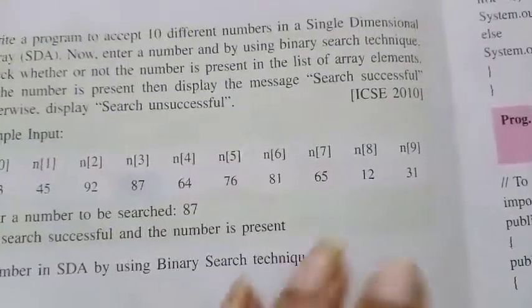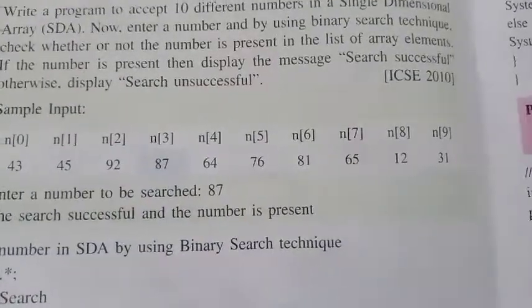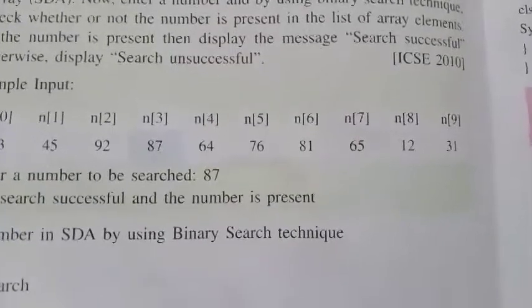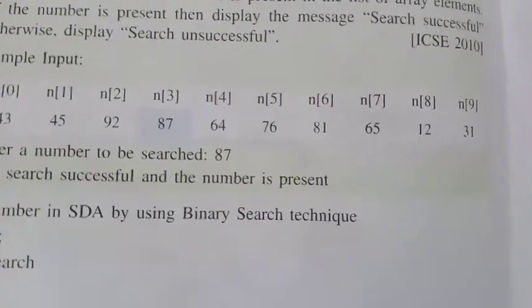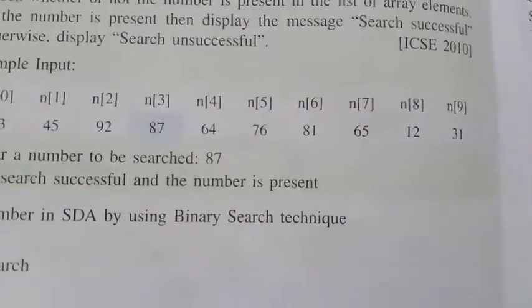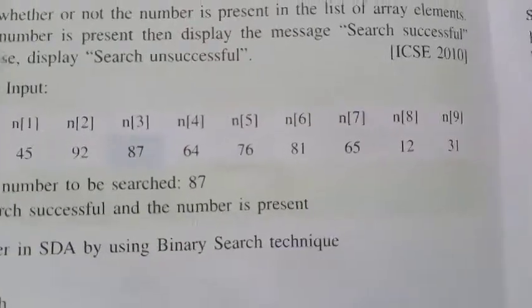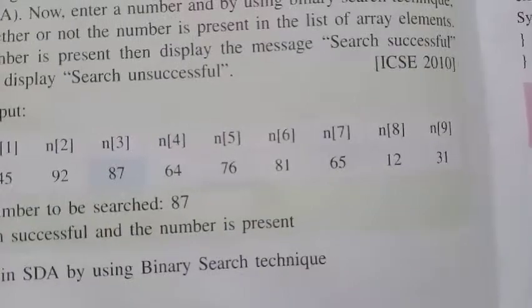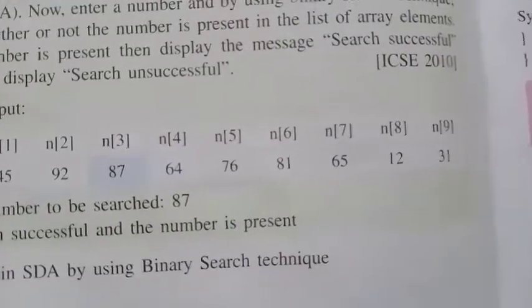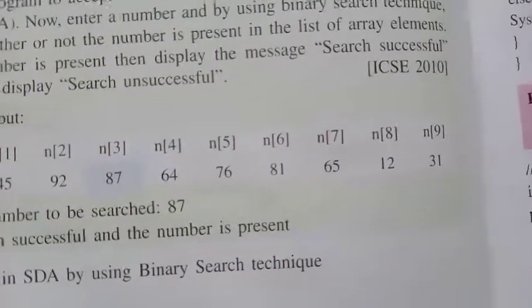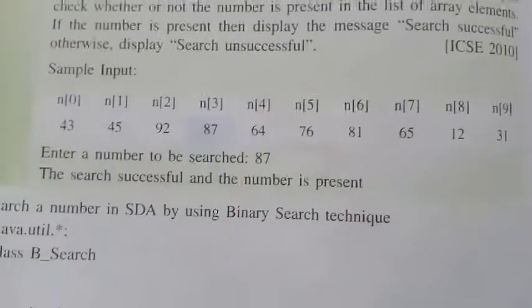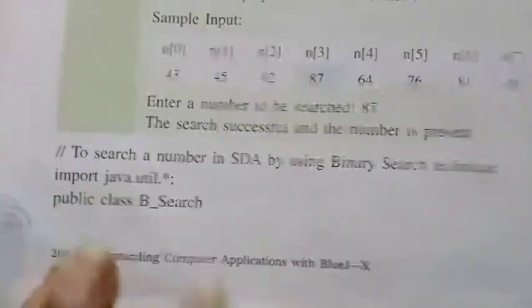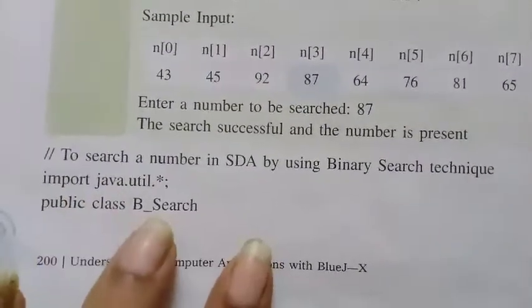Like that it keeps going until you find the search. Otherwise, if the upper bound is less than the lower bound, we stop the iteration.